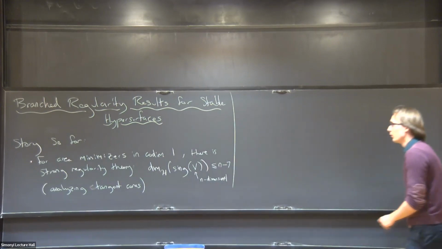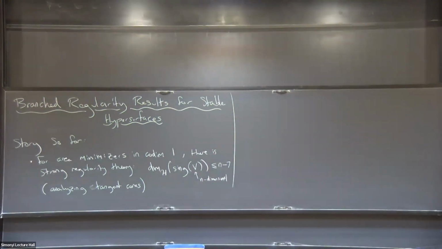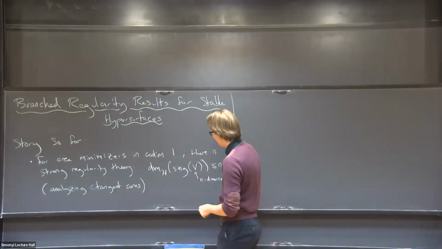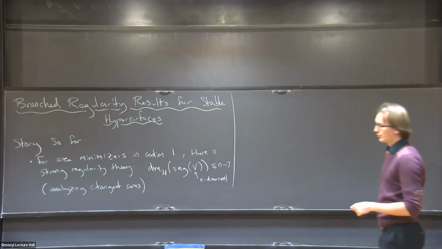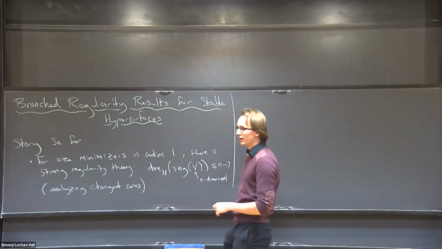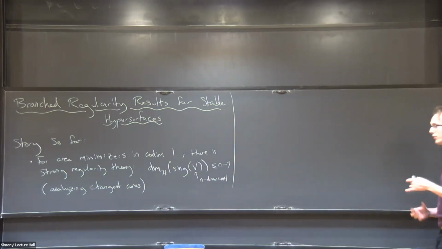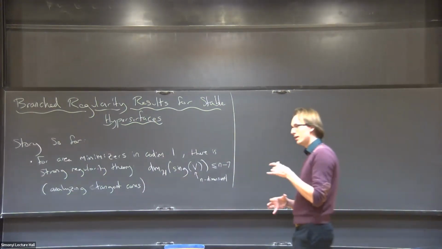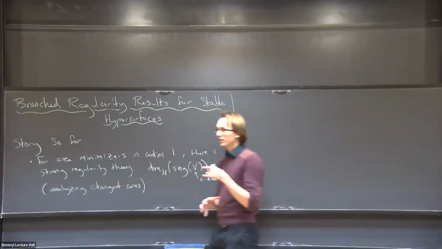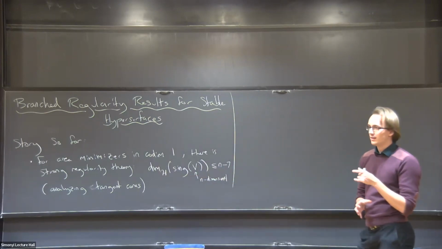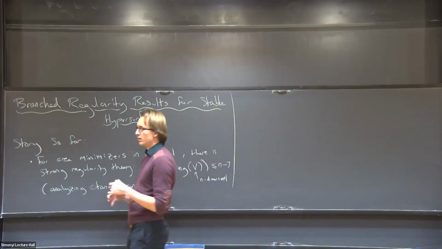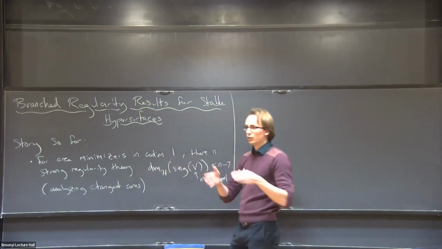When you say why 7, is there a heuristic or something? There is a sort of vague heuristic, but it's maybe not the most satisfactory. The heuristic is kind of if you take two disks in, let's just say, R^(n+1), and you take the minimizer with that boundary, if they're sufficiently close, then in R^3 you get a catenoid.